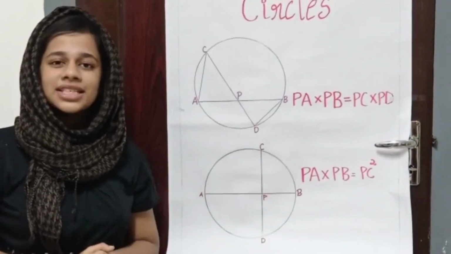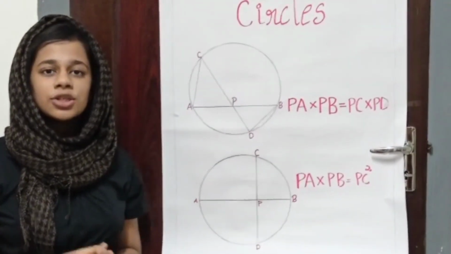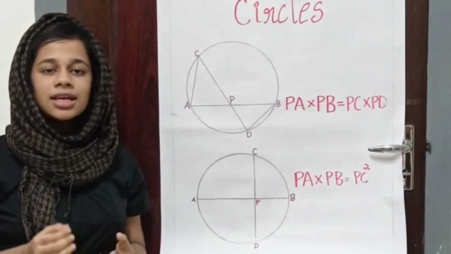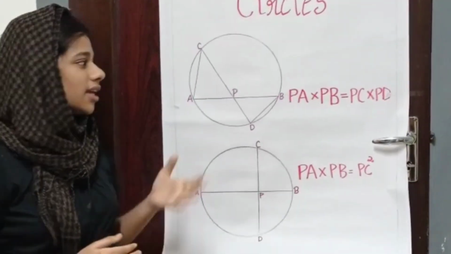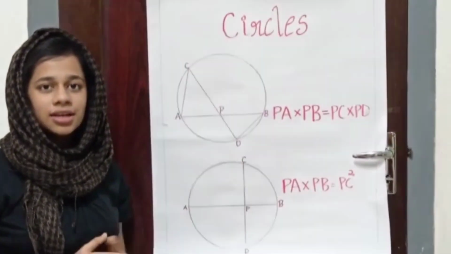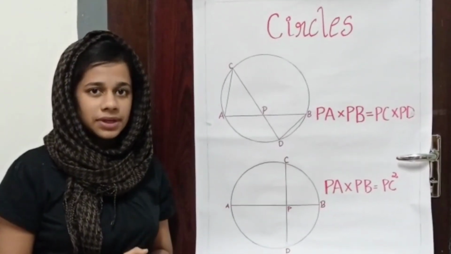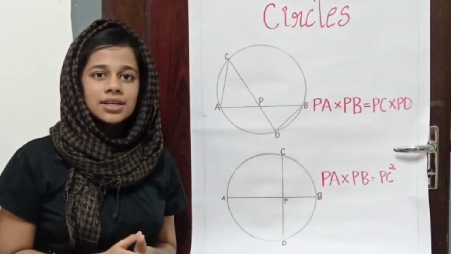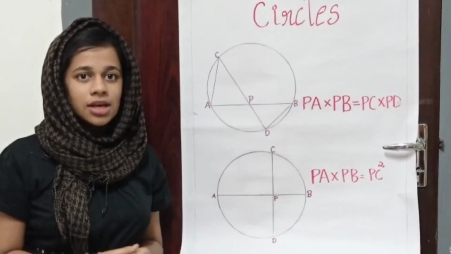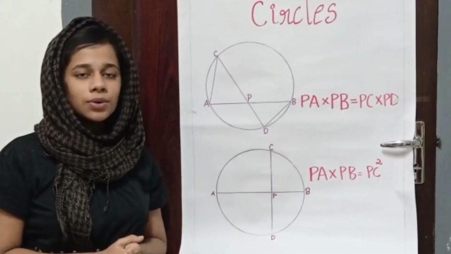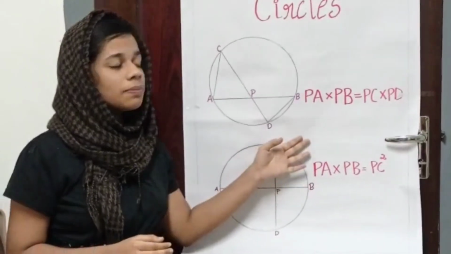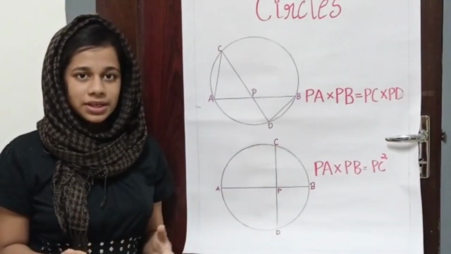Hi friends, I'm Nessa. Last class we learned two concepts about circles and I'm here to remind you of those. In this circle, AB and CD are the chords and there is a relation between PE, PB, PC and PD. Here the chords of the circle intersect within the circle, so the products of the parts of the chords are equal. That is PE into PB is equal to PC into PD.